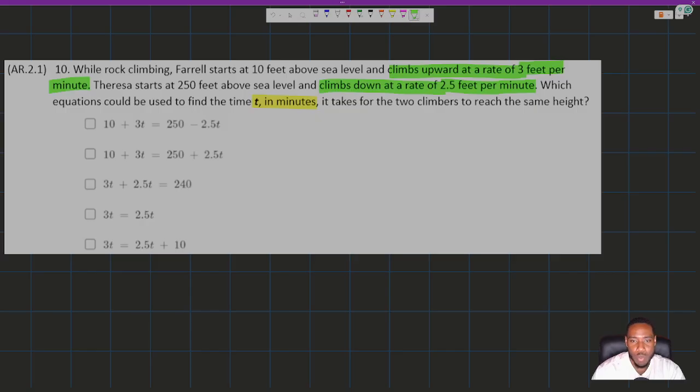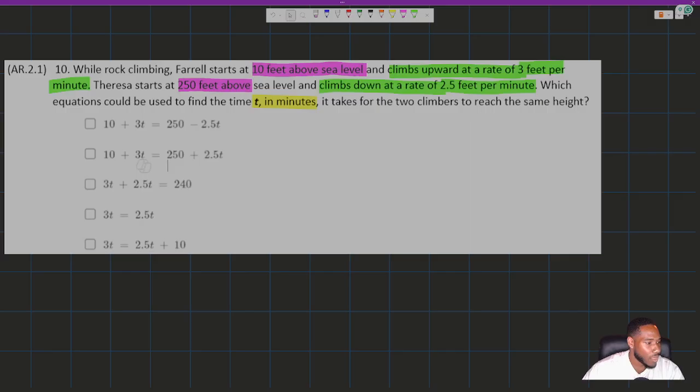We should also note that Farrell starts 10 feet above sea level, and that Teresa starts at 250 feet above sea level.